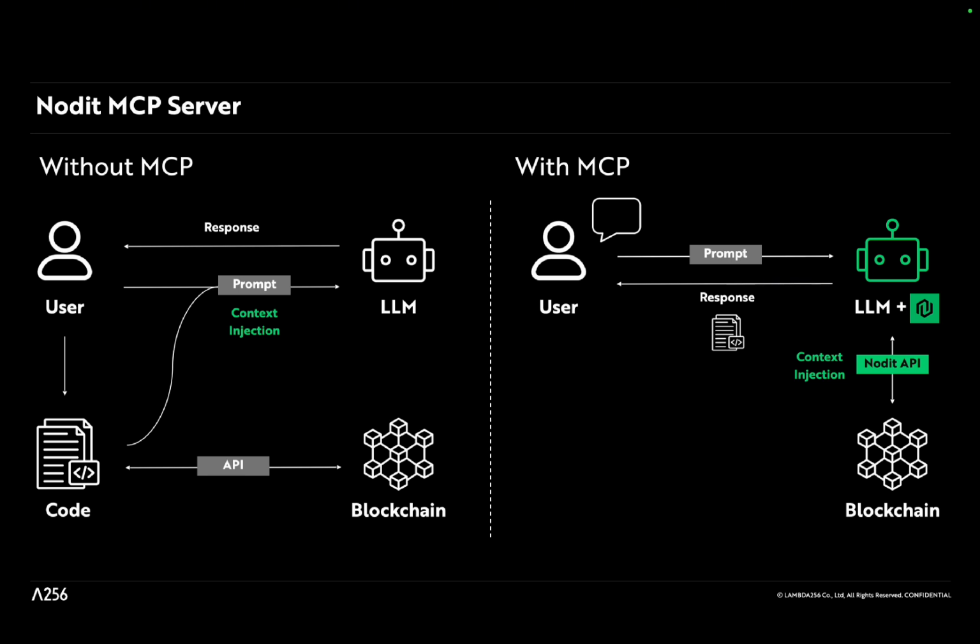This takes time and it breaks the flow, and it doesn't scale well. On the right, with MCP, the model can call Nodit APIs directly through a structured protocol. So it decides when and how to fetch data and uses the data on its own in real time.